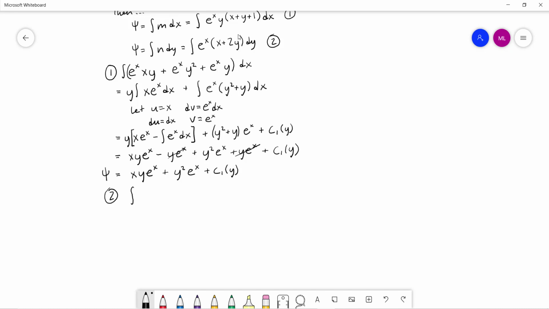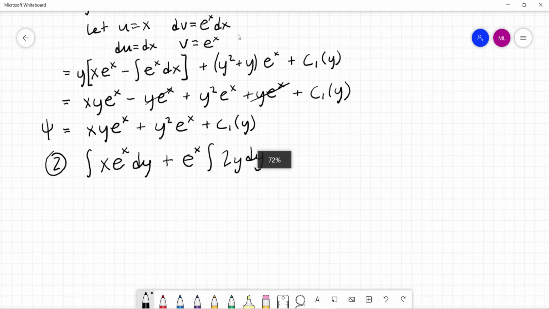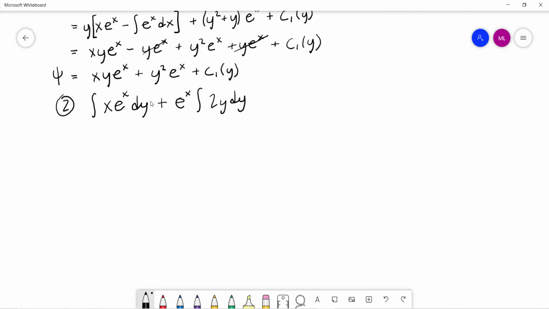So we've got the integral of, if I distribute through, x e to the x, but it's with respect to y, so that's easy. And then the second integral, well, I can just factor that e to the x outside again. It's just the integral of 2y dy. This one's very easy to do. What's the integral of this first one?